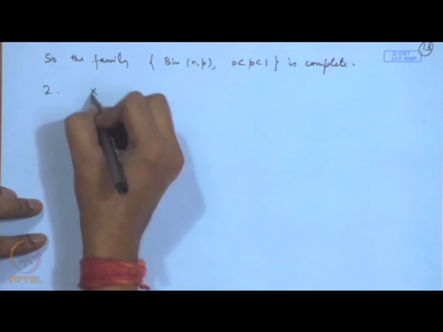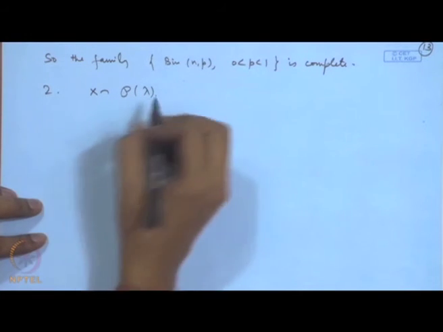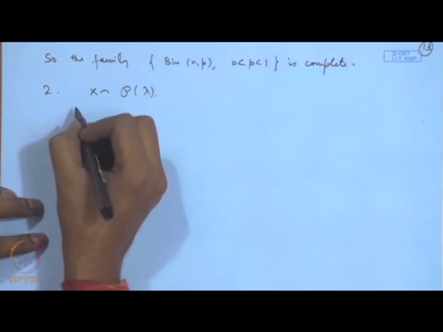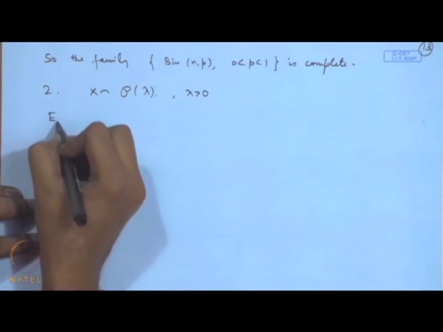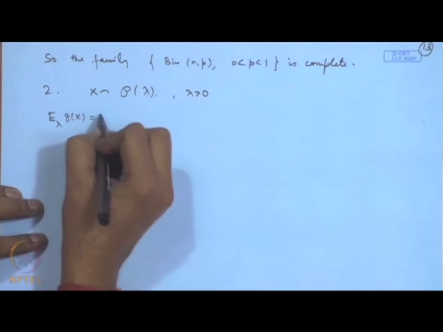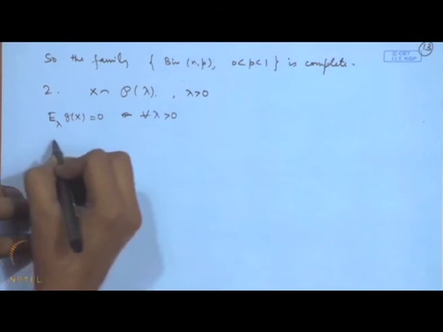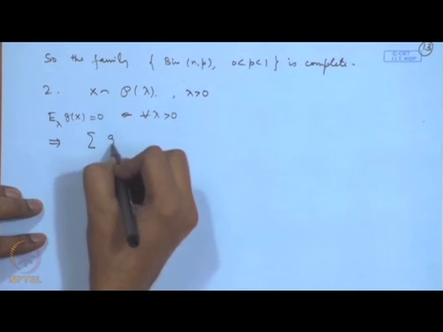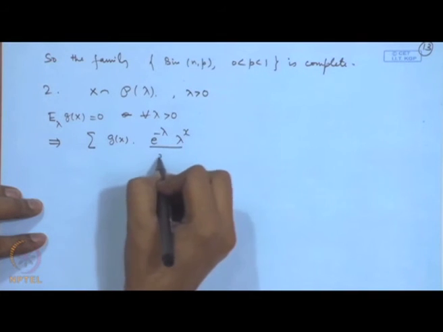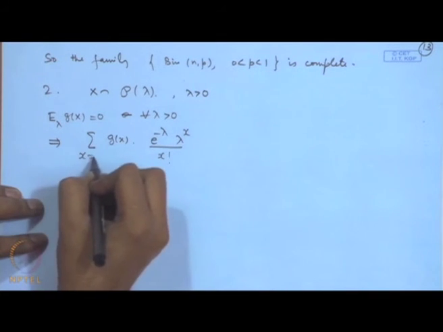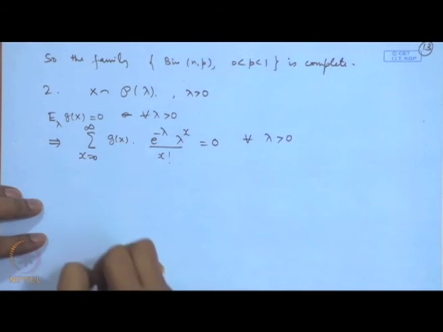Let us take another example, say X follows Poisson(lambda), where lambda is a positive parameter. Let us write down the statement: expectation of g(X) is equal to 0 for all lambda. Now, this is equivalent to the sum of g(x) e^(-lambda) lambda^x / x!, x = 0 to infinity, equal to 0 for all lambda greater than 0.